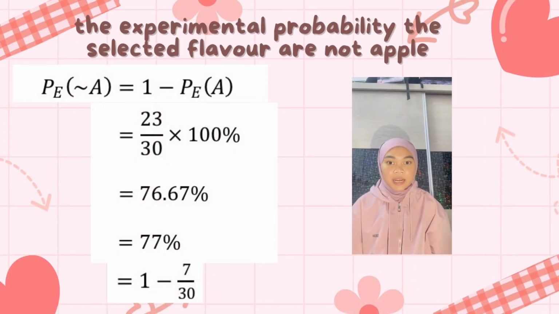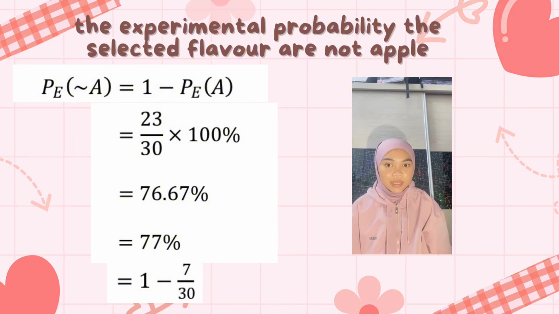Then, we can calculate the experimental probability that the selected flavors are not apple, strawberry, or orange. For apple, it is 23/30, which is 77%. It means 77% of students did not draw an apple sweet.